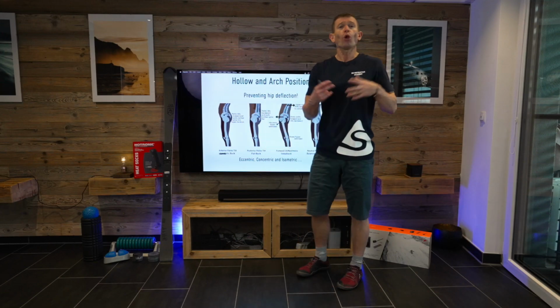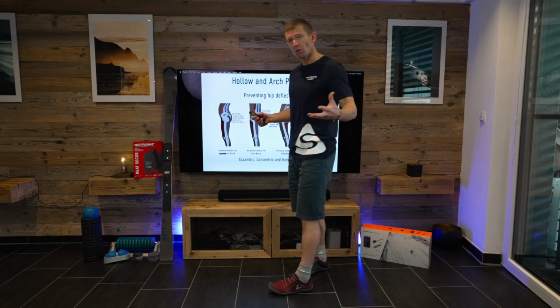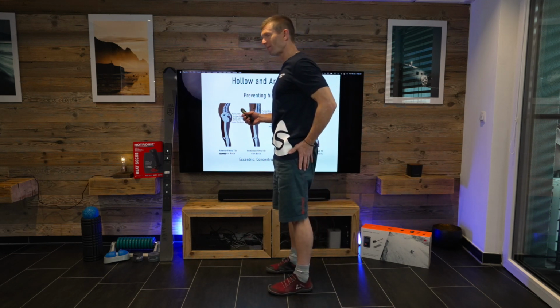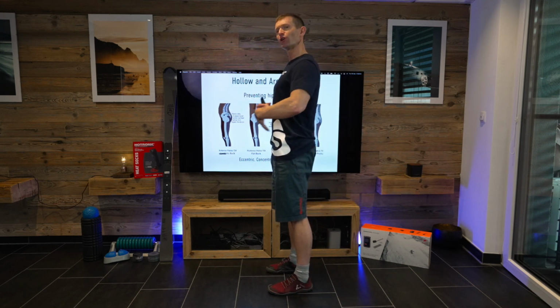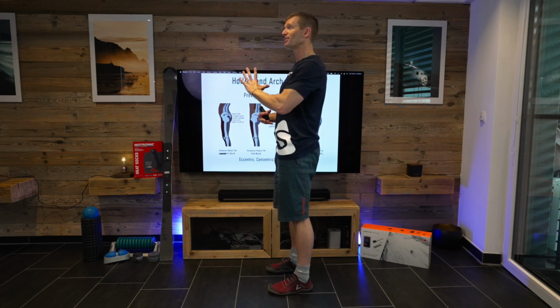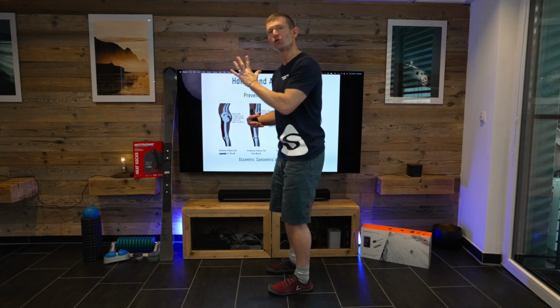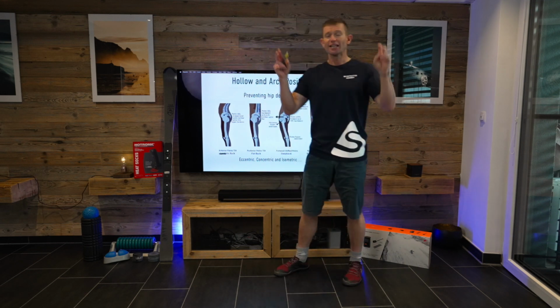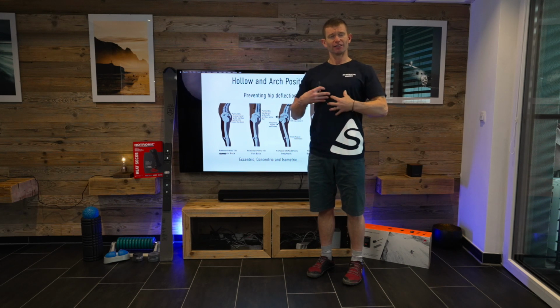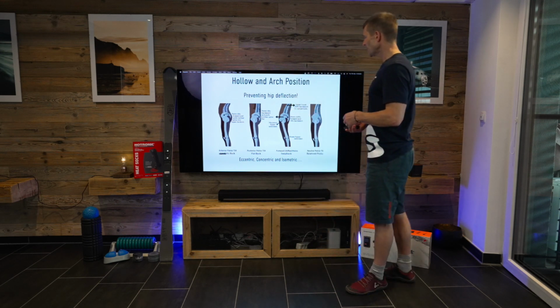But actually, all we really should have been telling them to do was to tighten the glutes momentarily, and you naturally put your spine into your comfortable position, and then you're in neutral. You don't have to find neutral. You don't have to look in the mirror and source it. Just tighten for a few seconds and you'll get into a neutral position.